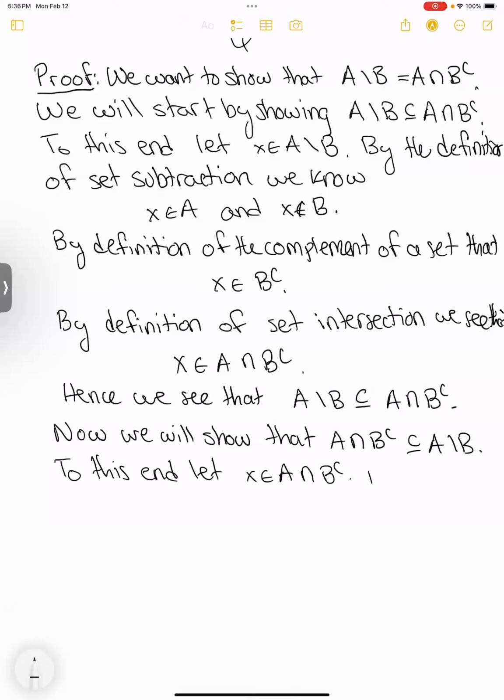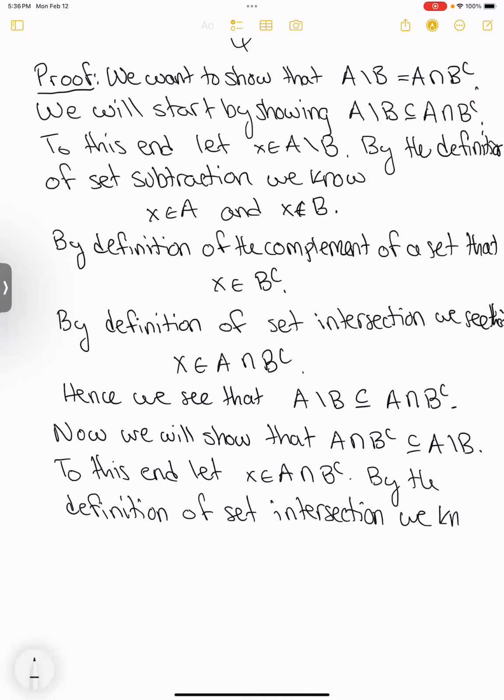Okay, but now by the definition of set intersection, we know so x is in A and x is in B complement.